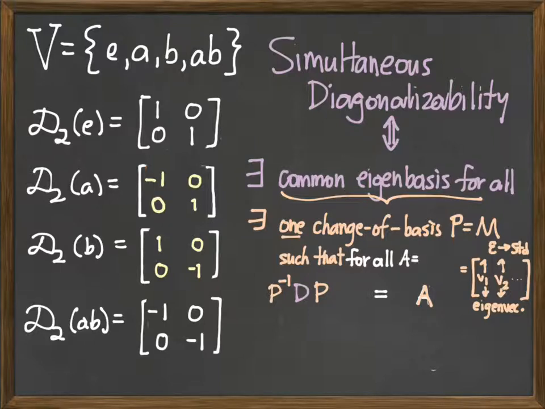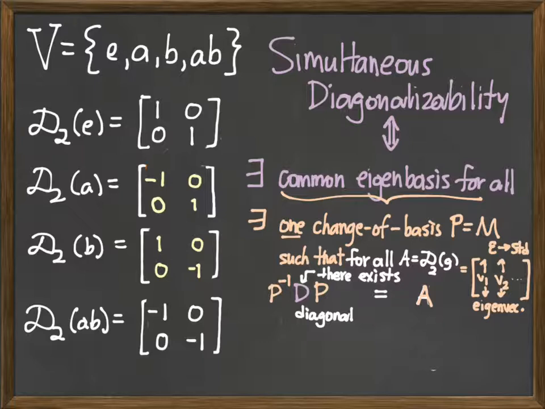For all A in our representation, there exists a diagonal D. A is not necessarily diagonal, but the very same change of basis matrix, P, is the same for all my group elements. The very same change of basis matrix can diagonalize every single matrix in my representation.